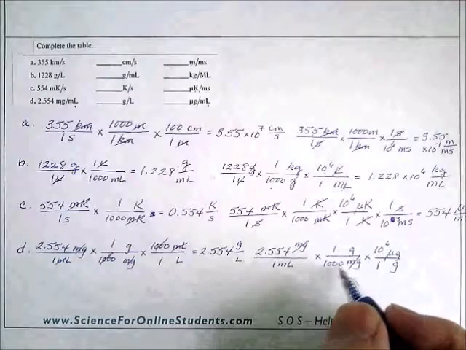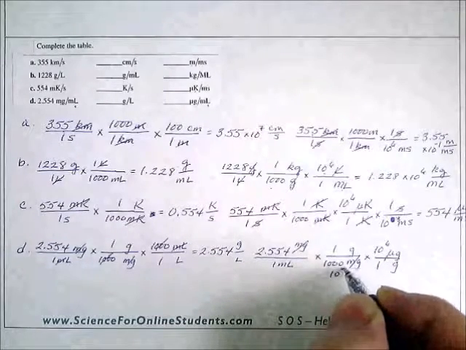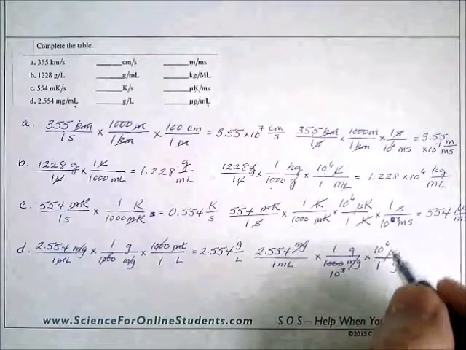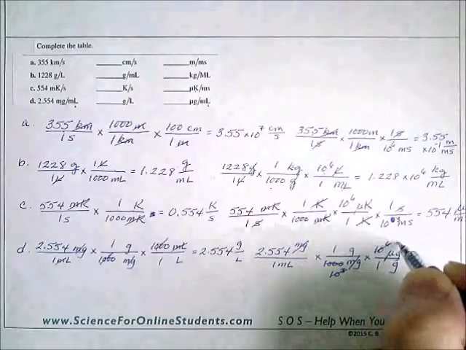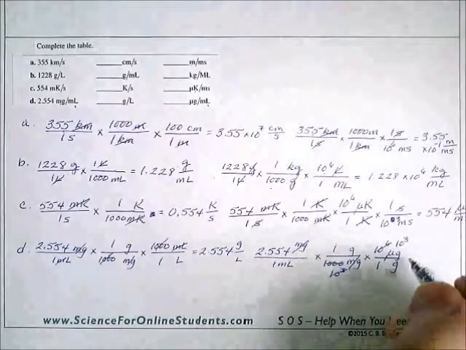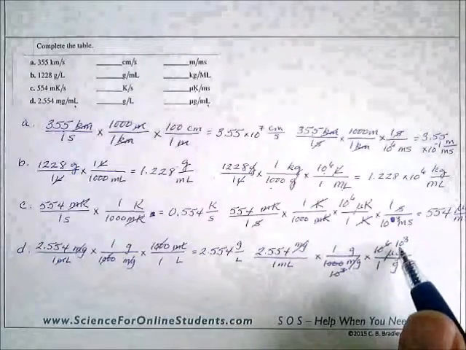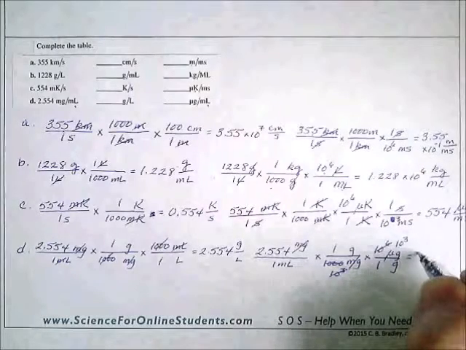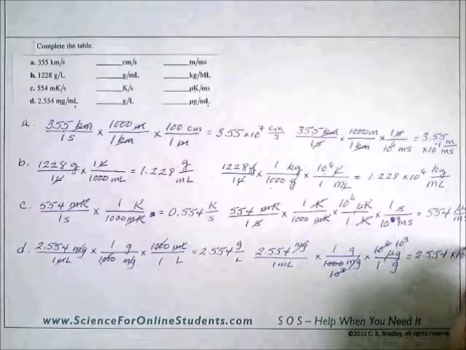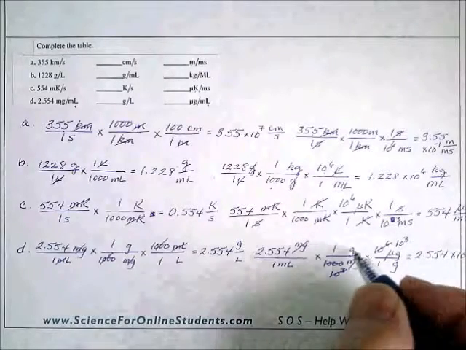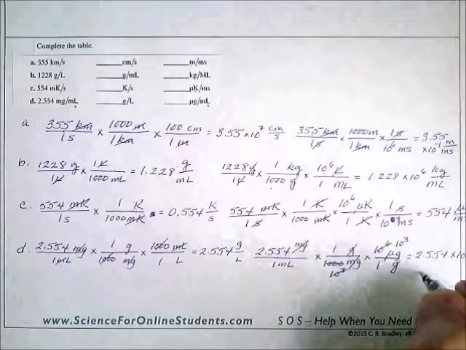This is 10 to the 3rd. 10 to the 3rd, 10 to the 6th. This will cancel here, leaving 10 to the 3rd. And our answer will be 2.554 times 10 to the 3rd. And our units will be, grams cancel, micrograms per milliliter.